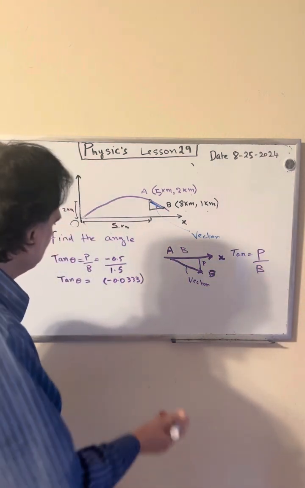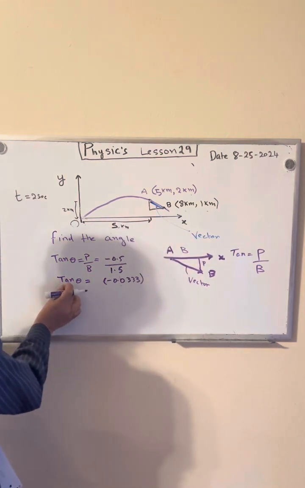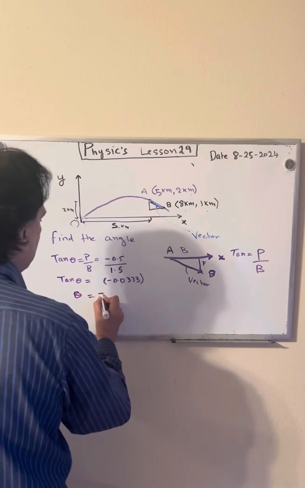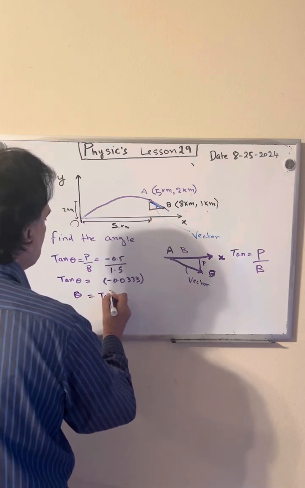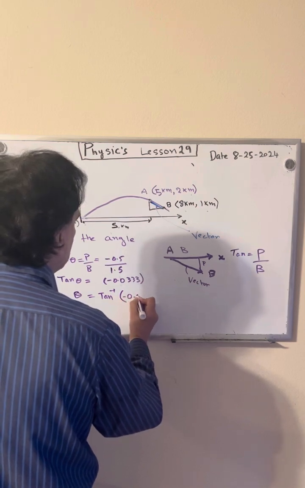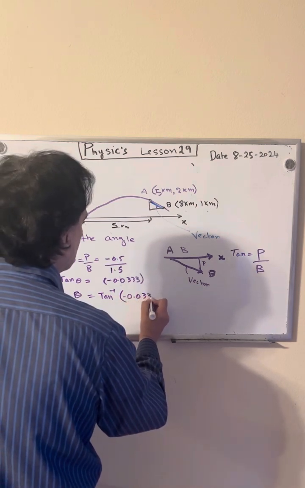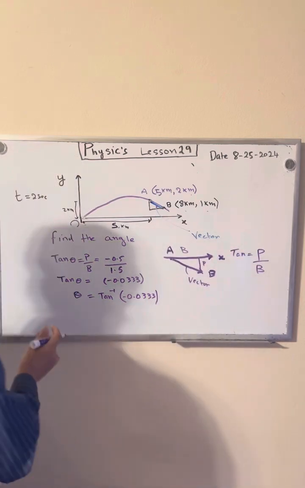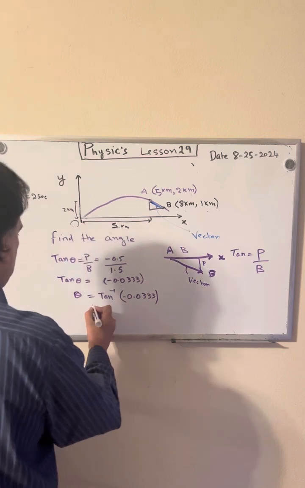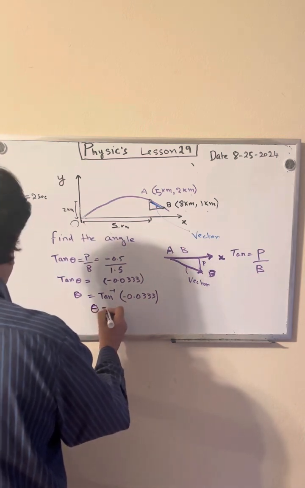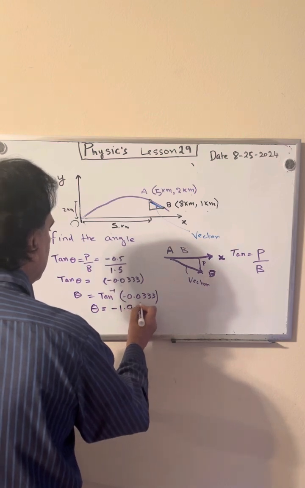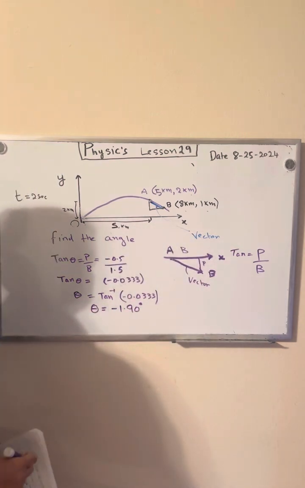Well, I can bring this tan to this side and it becomes inverse. So then we have tangent inverse of negative 0.0333. And when you plug it in your calculator, you will see the angle theta is negative 1.90 degrees. So what does that negative mean?